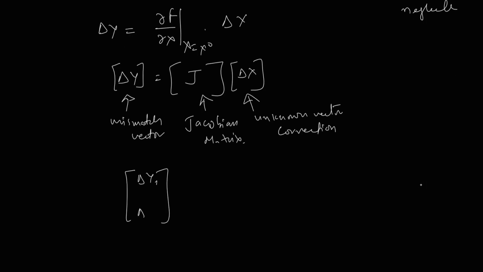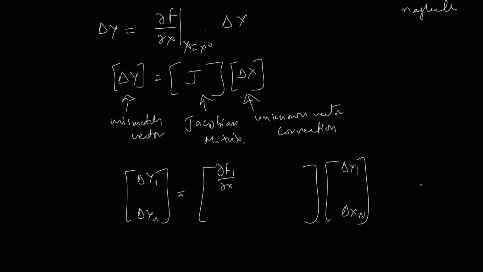delta y1 to delta yn is equal to delta x1 to delta xn, times dou f1 by dou x1 to dou f1 by dou xn. Similarly, dou fn by dou x1 to dou fn by dou xn.